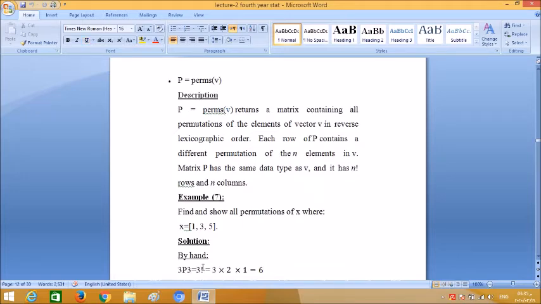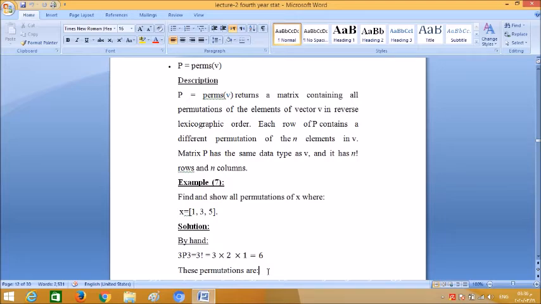Solution by hand: we want to select 3 from 3, or arrange the 3 elements here, using factorial. So 3P3 equals 3 factorial equal 3 multiplied by 2 multiplied by 1. So 6 selections or 6 groups according to permutation.